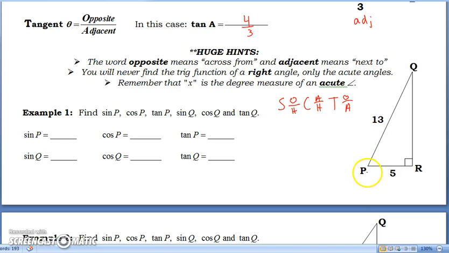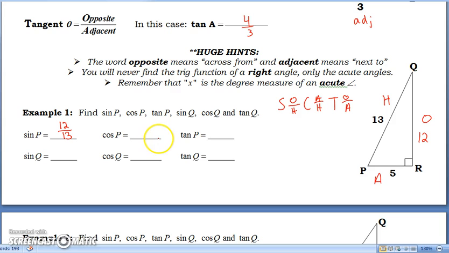So here's angle P. Go ahead and label the hypotenuse. Label the opposite. Label the adjacent. The sine of P is opposite over hypotenuse. What is this length? It's a triple again. 5, 12, 13. Remember? Opposite over hypotenuse is 12 over 13.